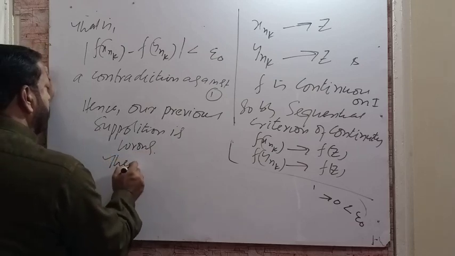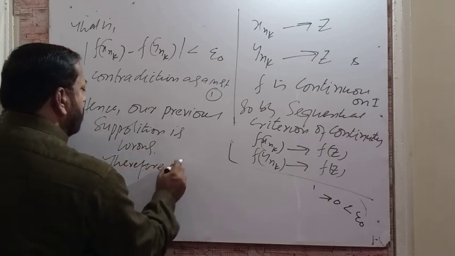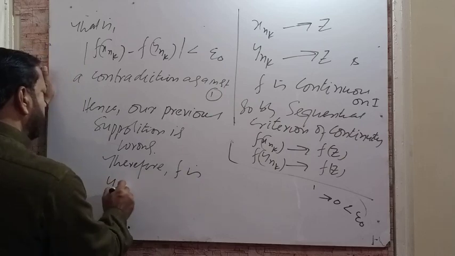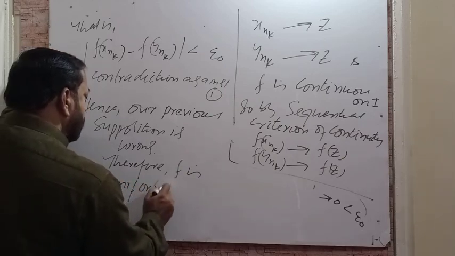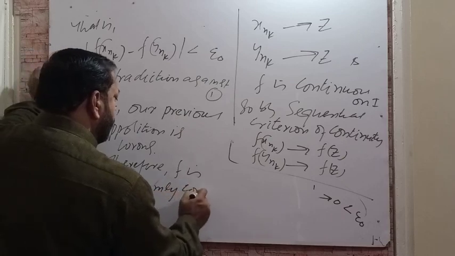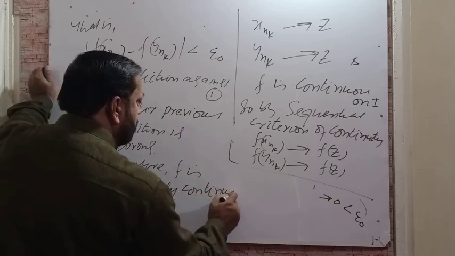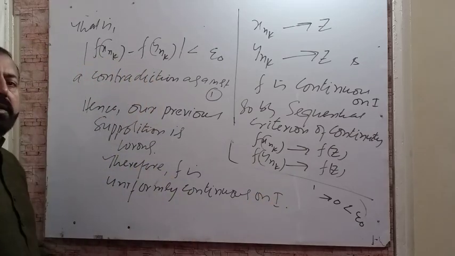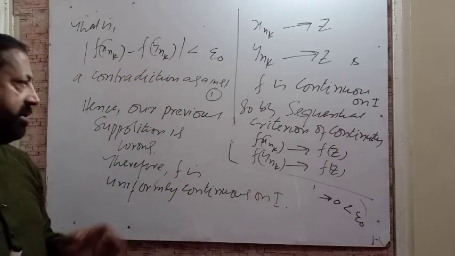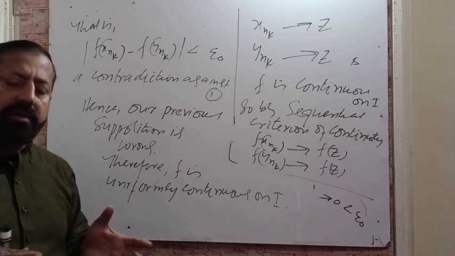Therefore, f is uniformly continuous on I. Okay. Now I want to summarize this theorem again.